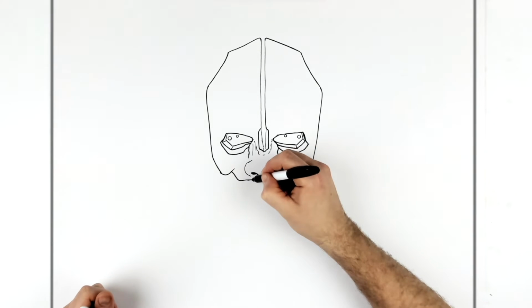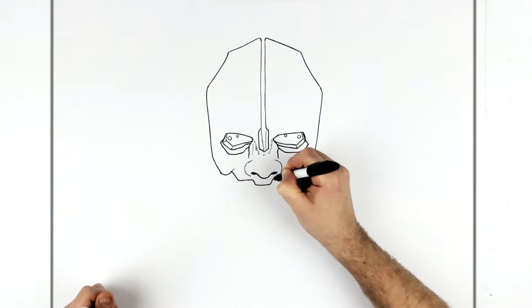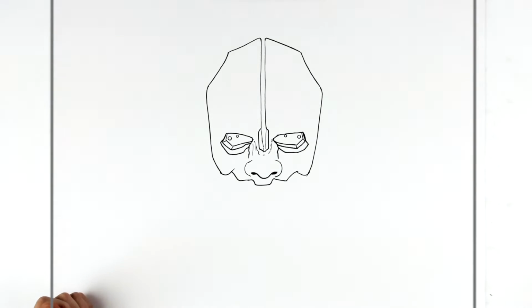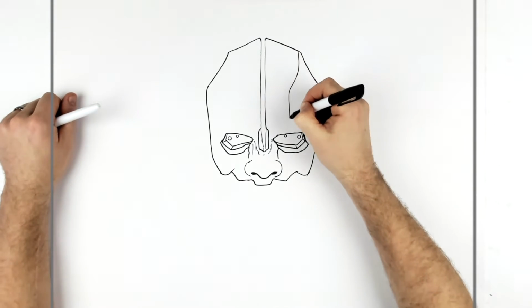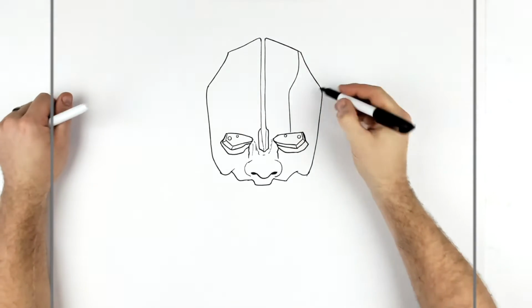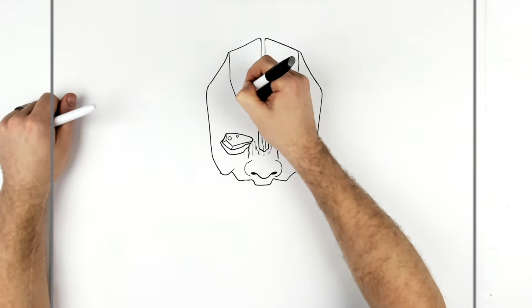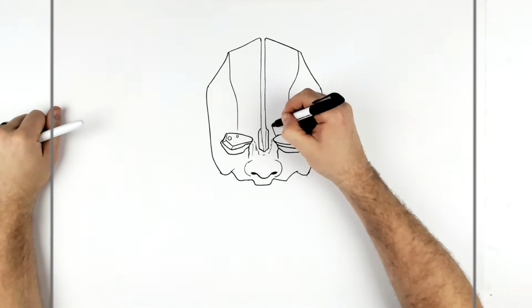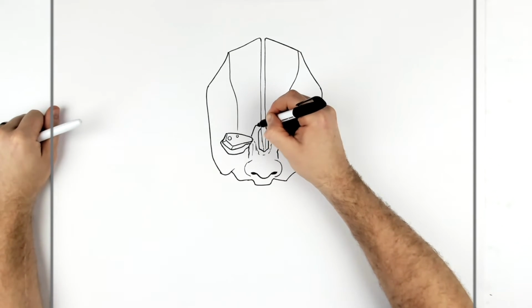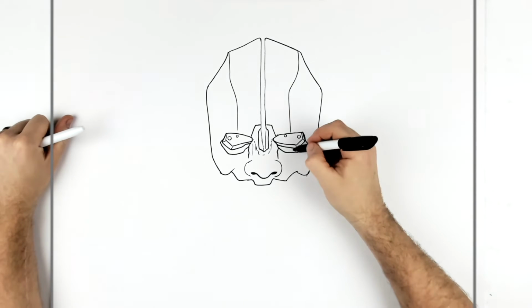So it comes around his cheek and then here. Right, so he's got this skull sort of thing going on, like that. Okay, and then there's these lines on his head coming down here. Some on the inside of his nose. Some on his cheek.